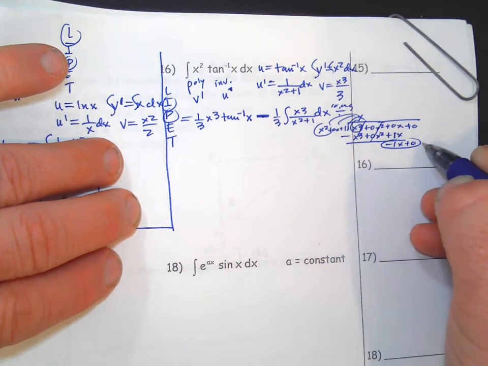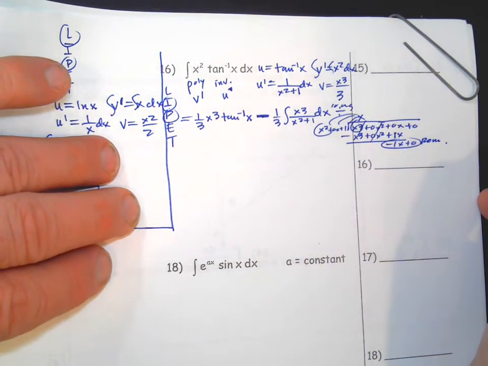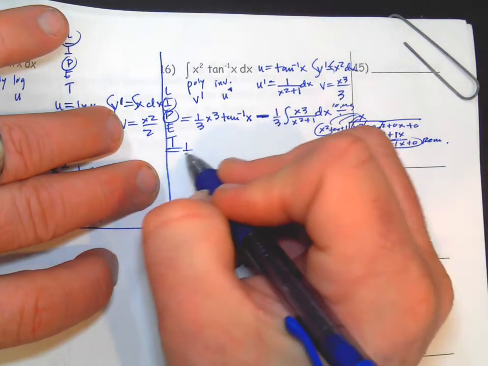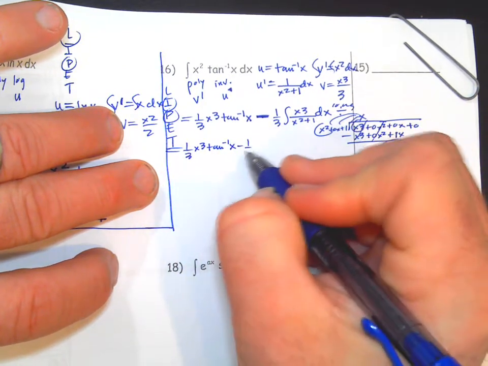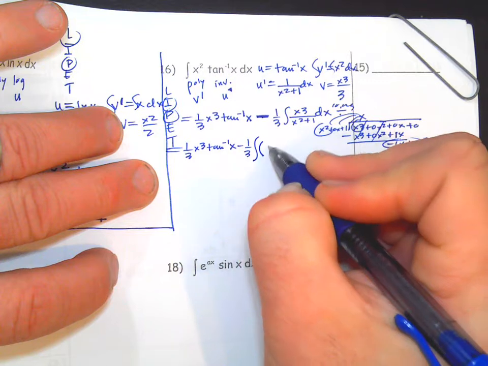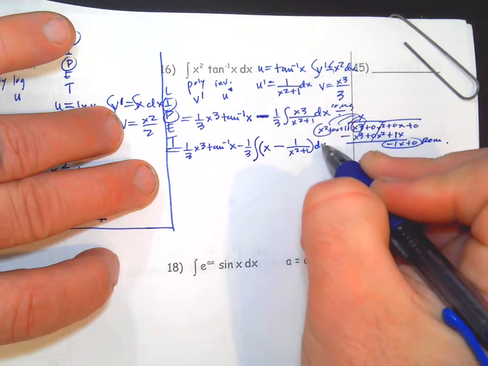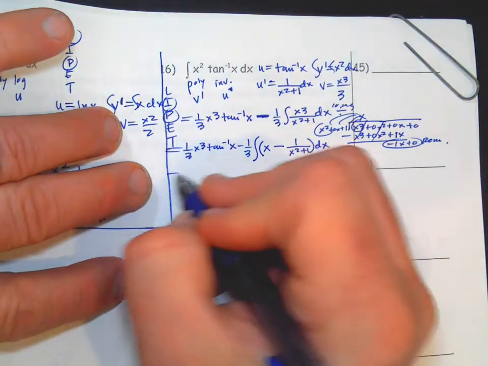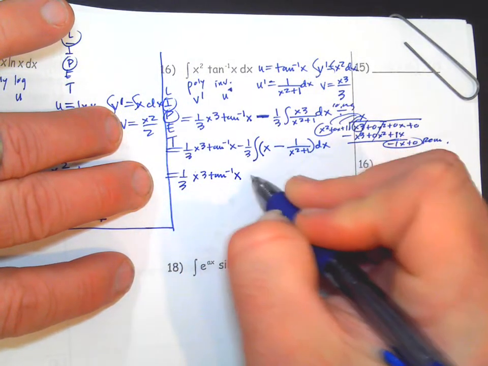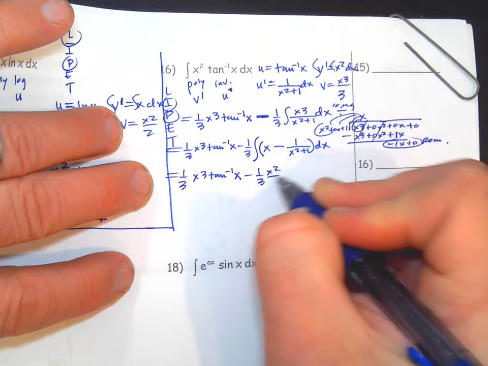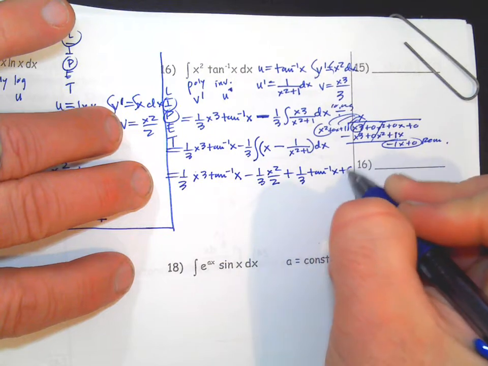That's a remainder. Okay, so we have 1/3 x cubed. So now we have x minus 1 over x squared plus 1. All right, we can integrate that. Getting close. Minus 1/3 x squared over 2 plus 1/3 inverse tangent of x plus c.